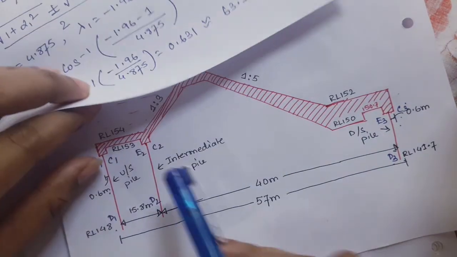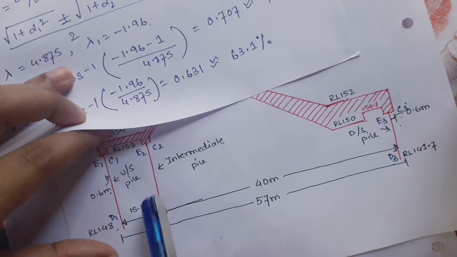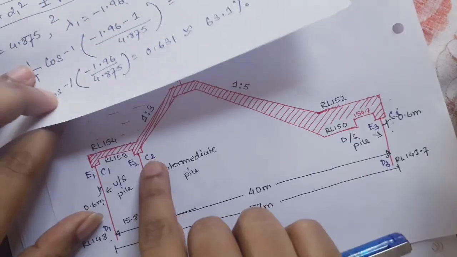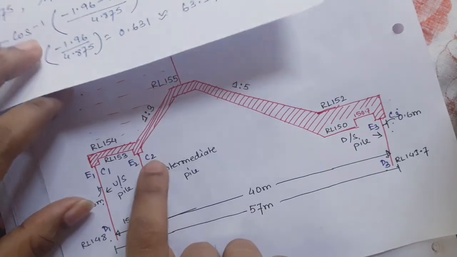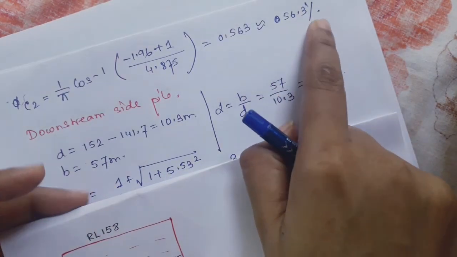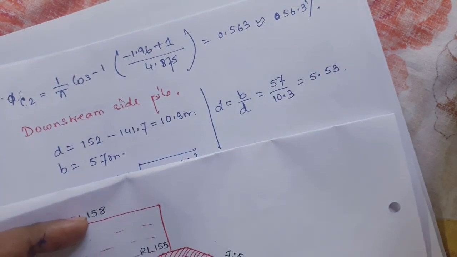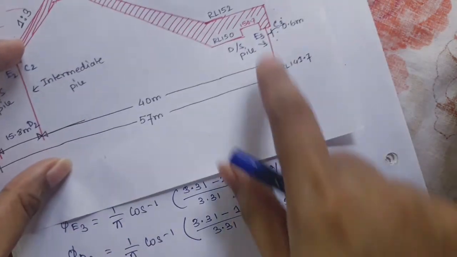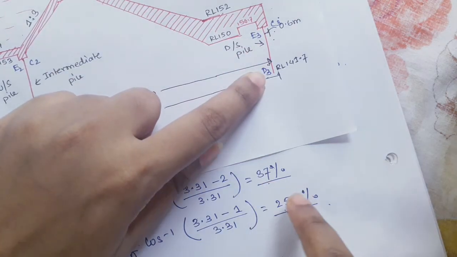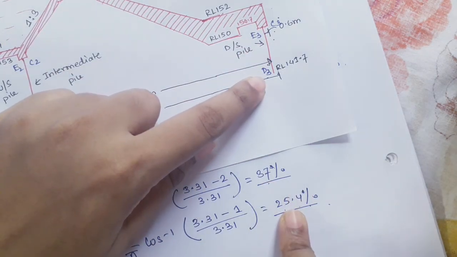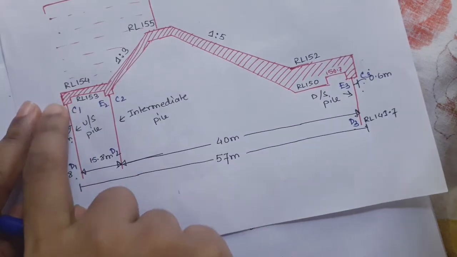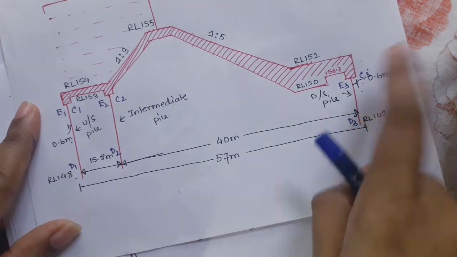The next pressure will come at D2, which is giving me 63.1%, and phi C2 is giving me a pressure of 56.3. So for the downstream side pile, the pressure at that level has reduced to 37%, correspondingly at D3 it is 25.4%, and at C3 it is 0. So it has reduced from 100% to 0%.